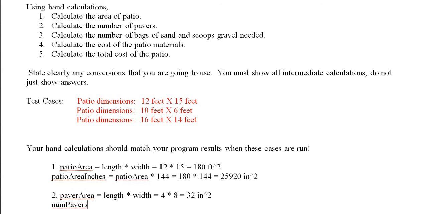Number of pavers is going to be the patio area divided by the paver area. And that will be 25,920 divided by 32, and that will be equal to 810 bricks.